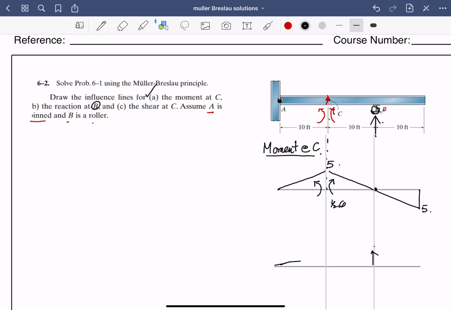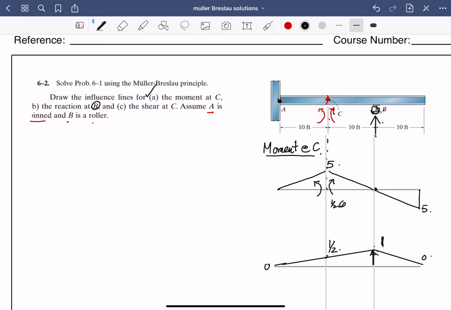So that goes up, and it's 0 over there. This is a unity load, so that's 1. And just from similar triangles, if this is a halfway point, that would be also half. This would be 0, obviously.